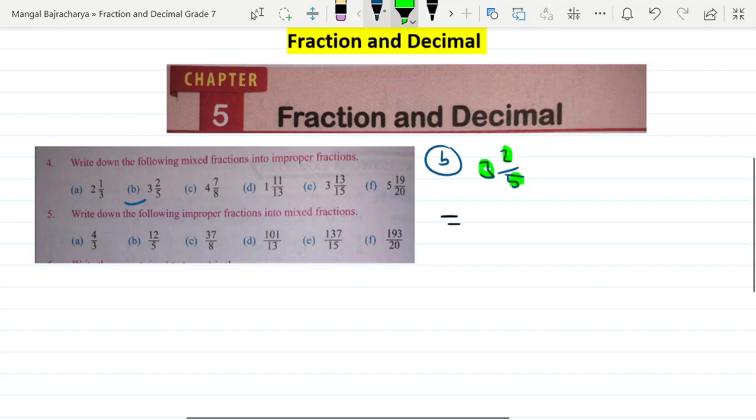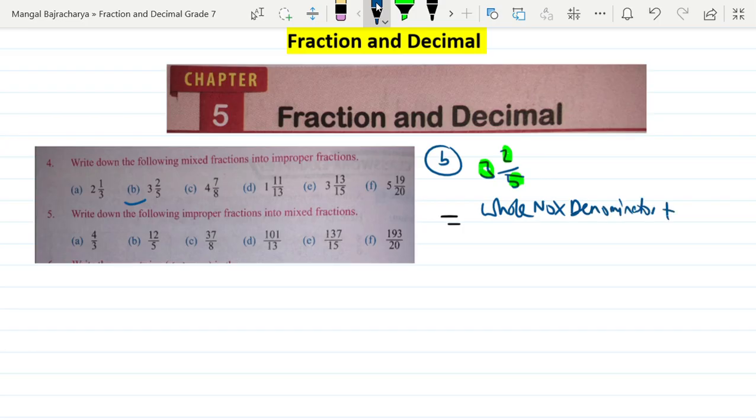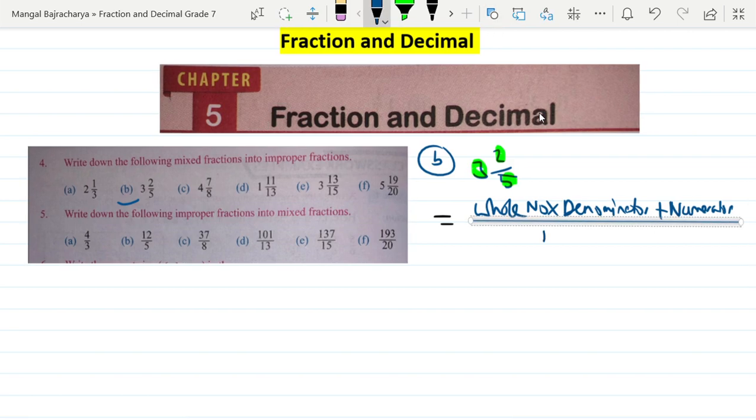So we multiply the whole number by the denominator, and what comes out we add to the numerator. And after that, whatever denominator is there, we copy the same denominator.